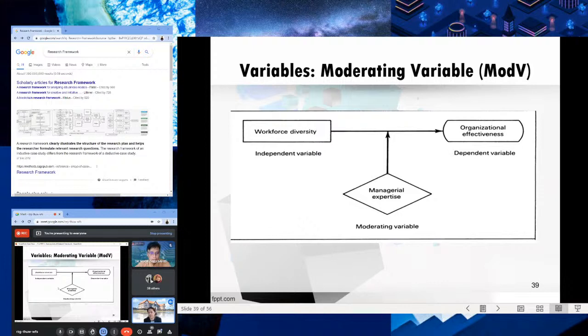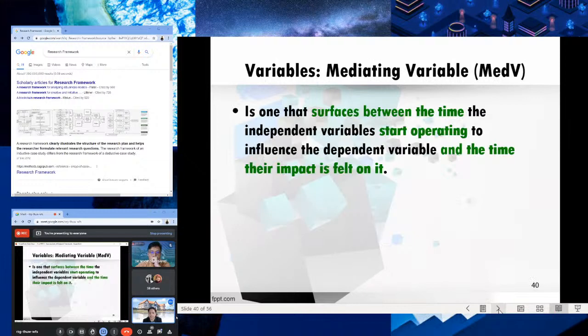For example here, we look into workforce diversity and organizational effectiveness, and we have the moderating variable of managerial expertise. Workforce diversity is the independent variable, and the dependent variable is organizational effectiveness. They have a lot of items in that particular variable.